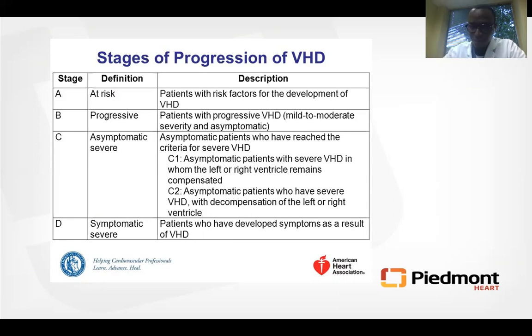Stage D is where we intervene on most of the valve pathologies. If you have severe aortic stenosis with symptoms, which means symptomatic severe aortic stenosis, or mitral stenosis, the same thing, then you do need something done to that valve. It's a mechanical problem, it has to be fixed mechanically.